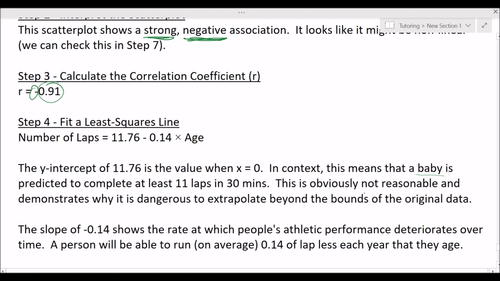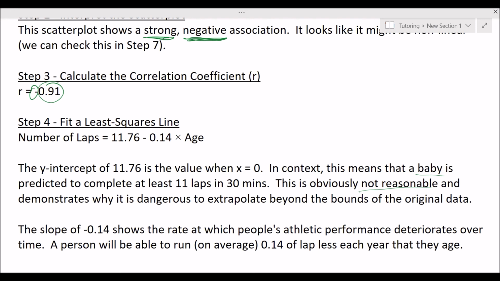This is obviously not reasonable and demonstrates why it's dangerous to extrapolate beyond the bounds of the original data. And then for slope, I said a slope of negative 0.14 shows the rate at which people's athletics performance deteriorates over time, which makes sense because you would expect as people get older, their fitness might go down, so that kind of makes sense.